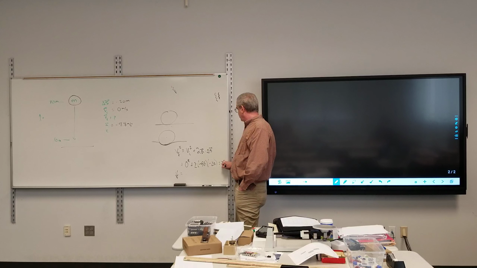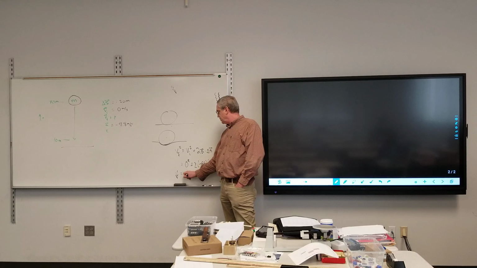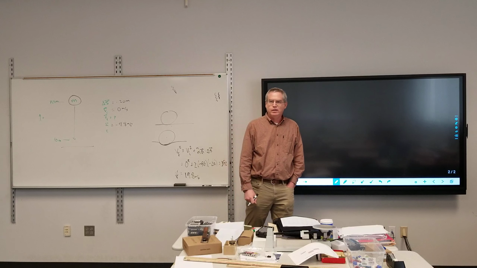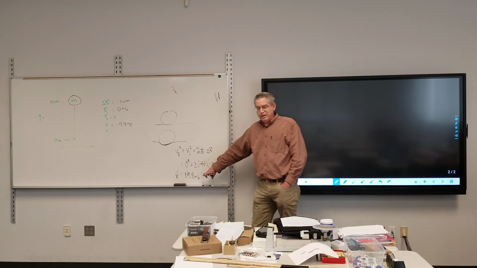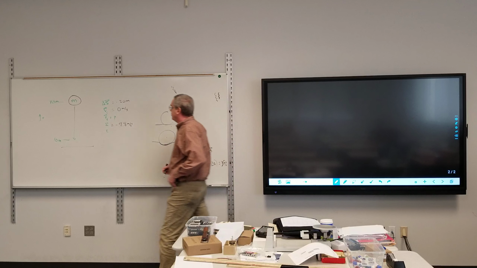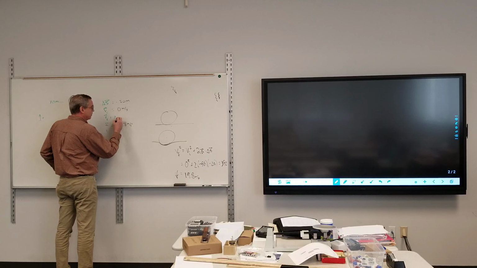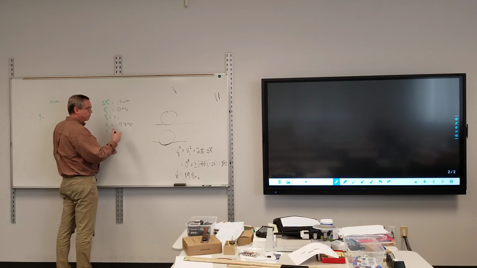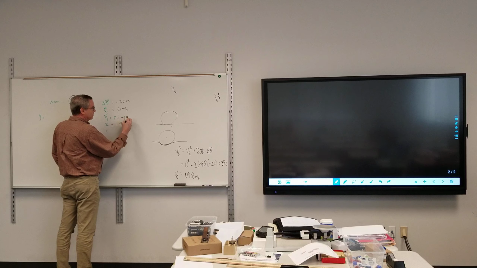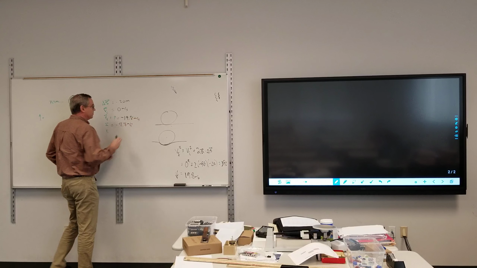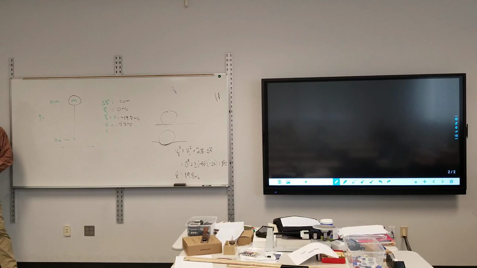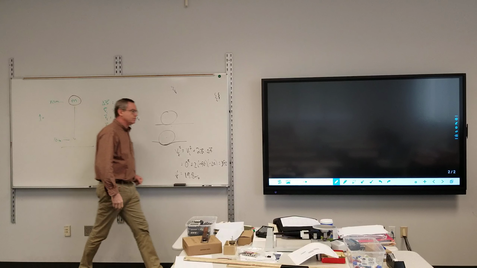The final speed is 19.8 meters per second, and there'll be a negative sign from there. Again, this is our final speed, the final velocity, because of Robin's fault, negative 19.8 meters per second.